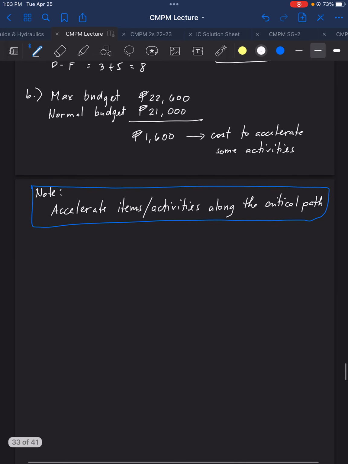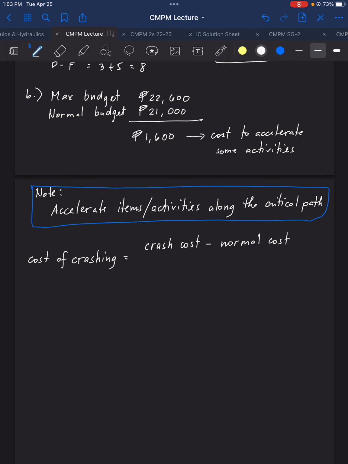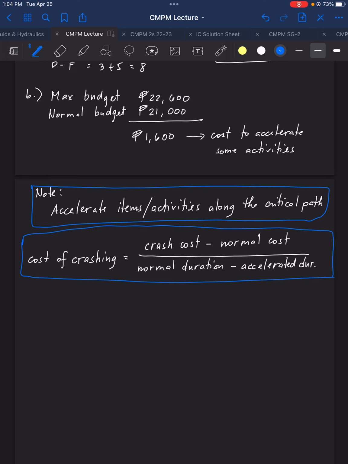Also, we need to consider this formula: cost of crashing is equal to the crash cost minus the normal cost, divided by the normal duration minus the accelerated duration. So again, this is our formula.